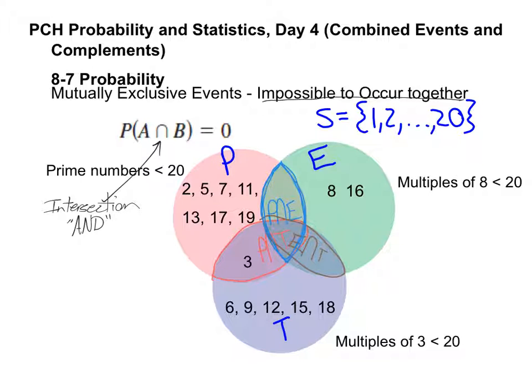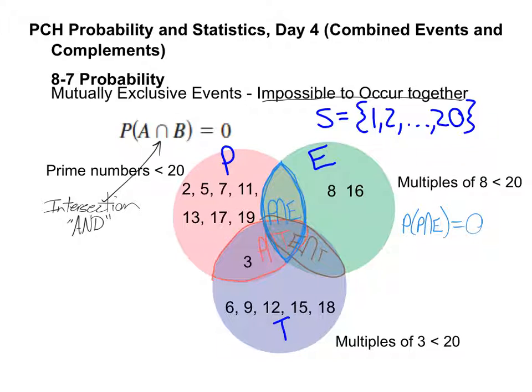Let's think of this in terms of probabilities. What is the probability, if I pick a random number between 1 and 20, that it falls inside that intersection? 0. There is nothing in the intersection.